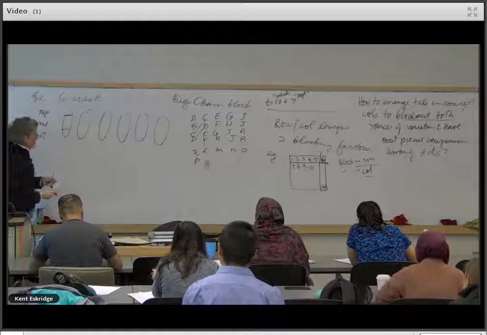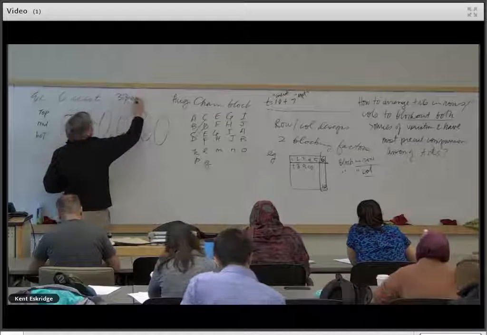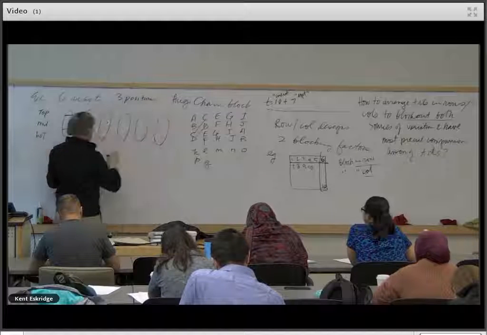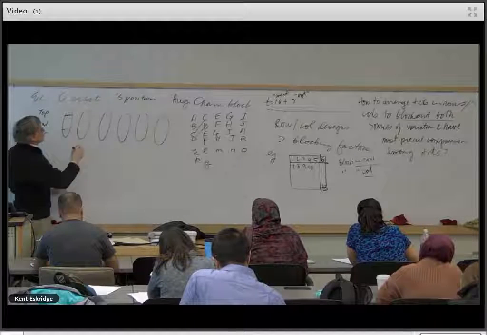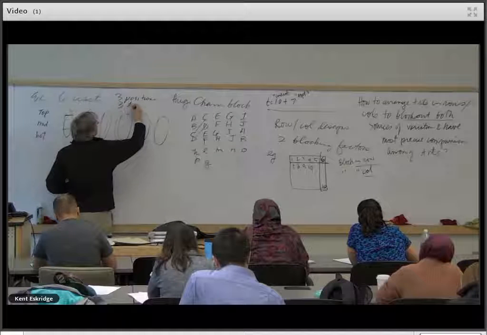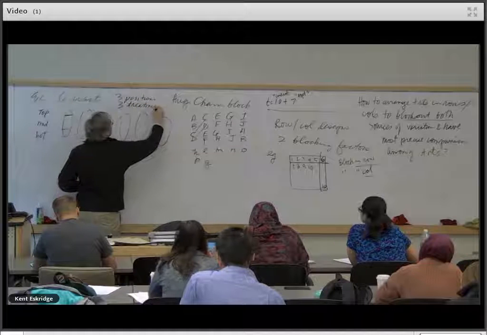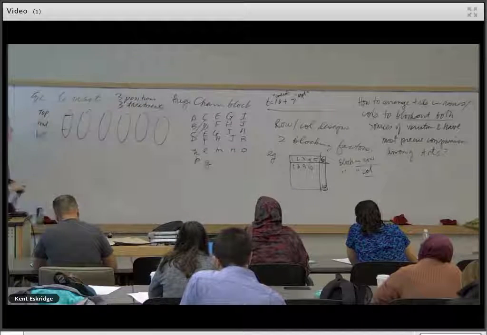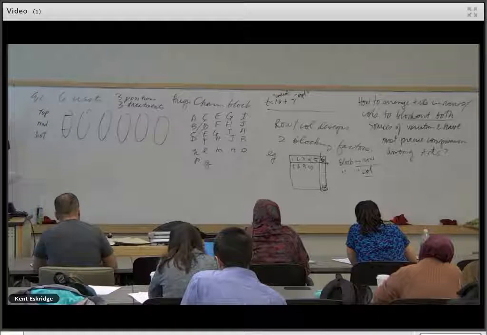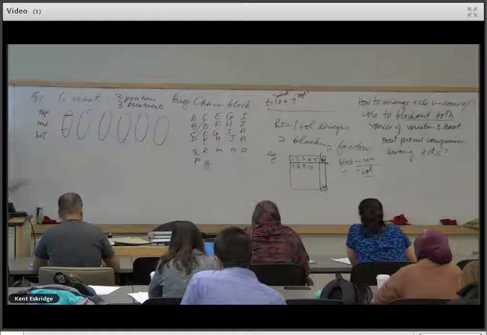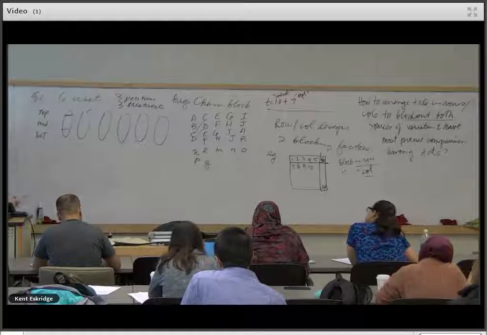So I have 6 roasts, and I have 3 positions, and I have 3 tenderizing treatments. Well, there's no way I can get a Latin square on this, but what can I do? I'm pretty close.